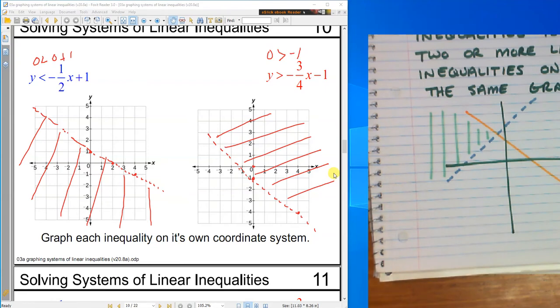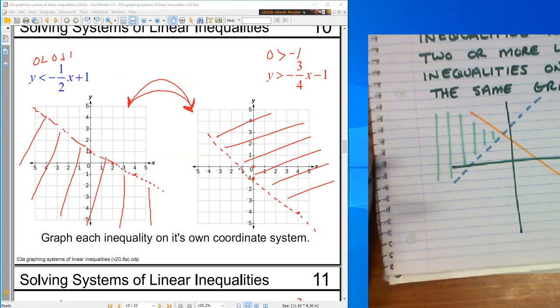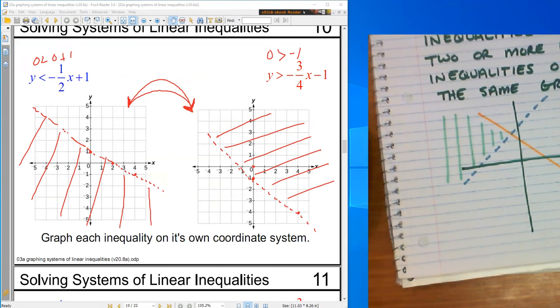Now imagine that we take these two graphs and we mush them together. Imagine that I take this graph right here and I bring it on top of this graph right here. You with me? I'm going to do it in another color. So I'm going to take this one over here and I'm going to put it on top of this one. Okay.